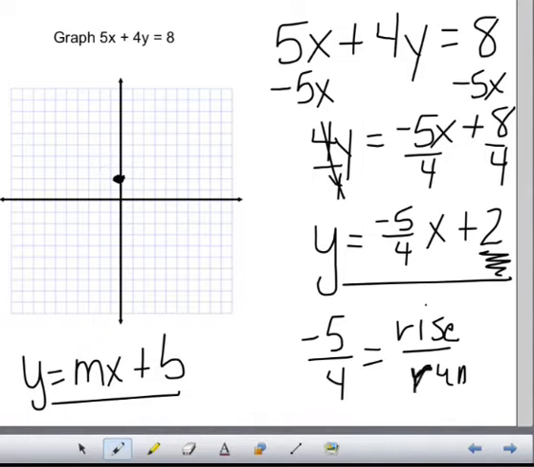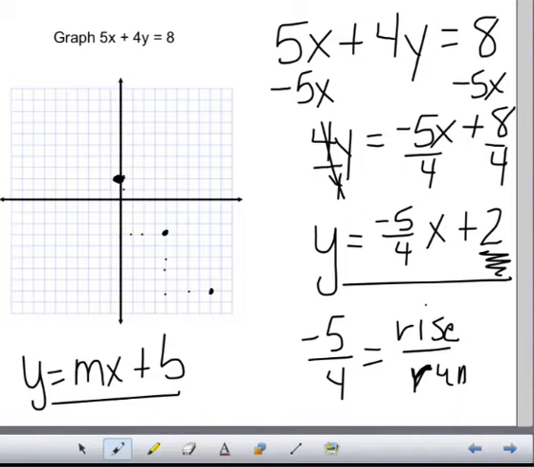So to go negative 5 on my rise, that means I'm going to go down 5: 1, 2, 3, 4, 5. And then I'm going to run a positive 4, so I'm going to the right: 1, 2, 3, 4.